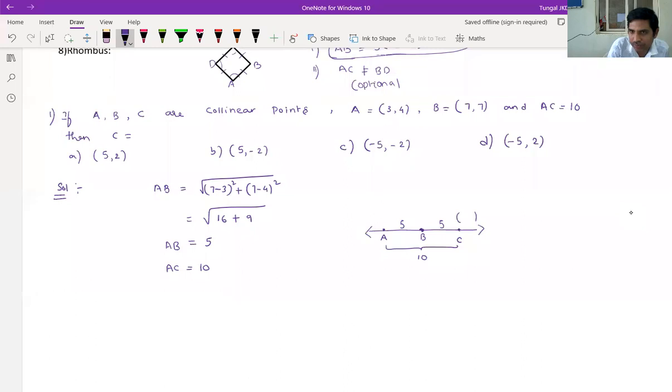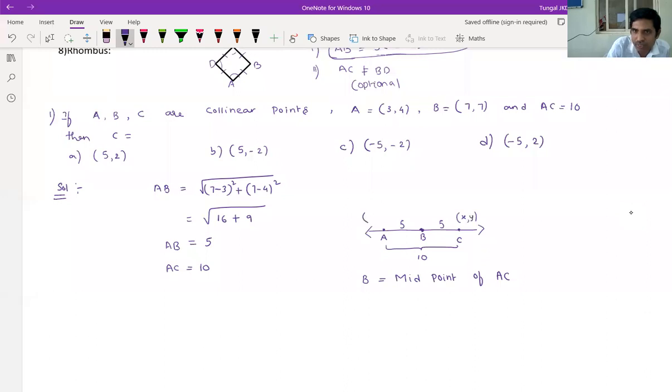Understood? We are getting AB as 5, so here we can write that B is the midpoint of AC.